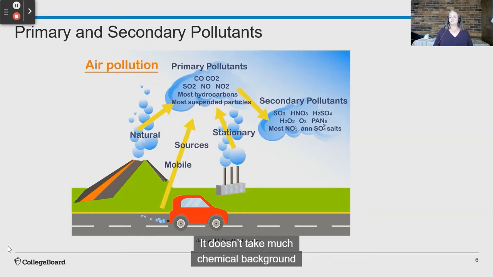It doesn't take much chemical background to see things like SO2 translate into H2SO4 or SO3. So we have interactions in the atmosphere, maybe with water vapor, maybe with the oxygen that's up there on its own. But those secondary pollutants are formed once they're in the atmosphere.